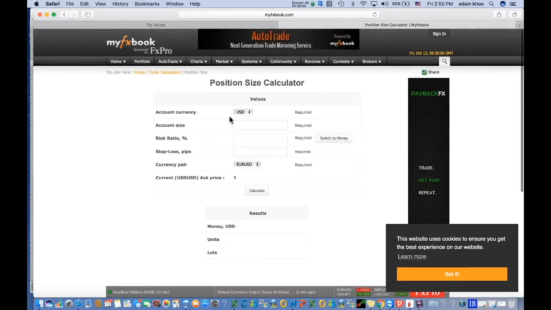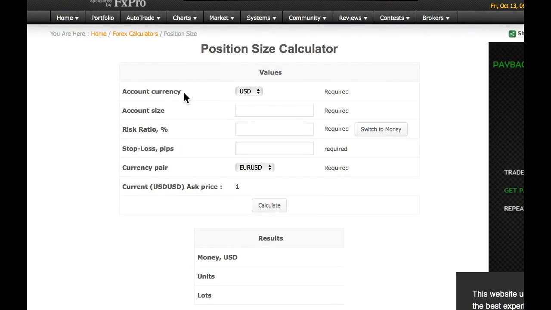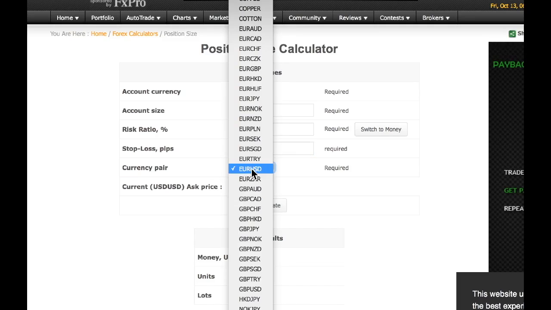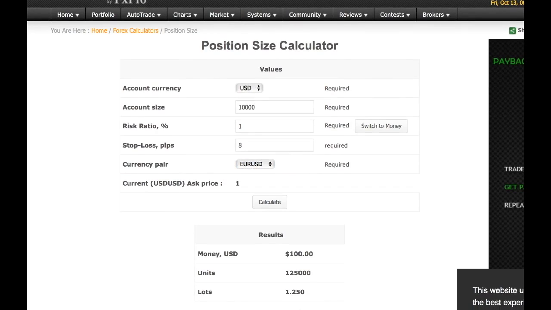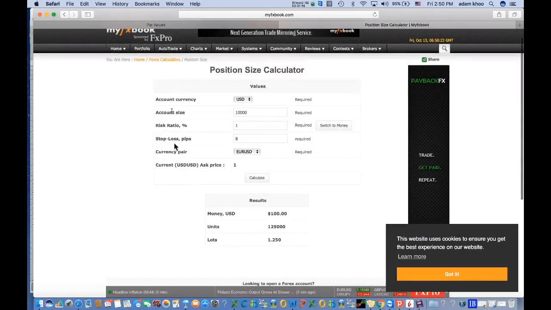Again, you can just key in your account size, say it's 10 grand, you're risking 1%, stop loss 8 pips away, and you're trading euro US dollar, you calculate, boom. So you know exactly how many lots, 1.25 or 125,000 units. You could use this calculator online.